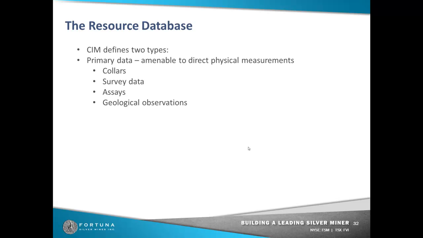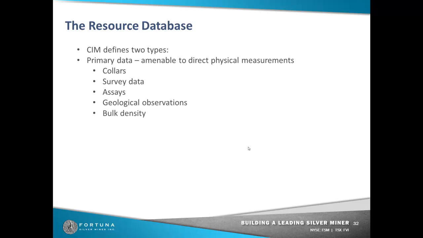Also geological observations, so logging out in the field, and also mapping information, face mapping, anything where a geologist is looking and taking direct observations from the data in the field and then entering that data so it can be stored and used later in any type of interpretation.